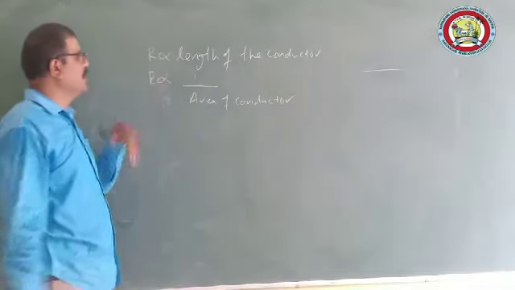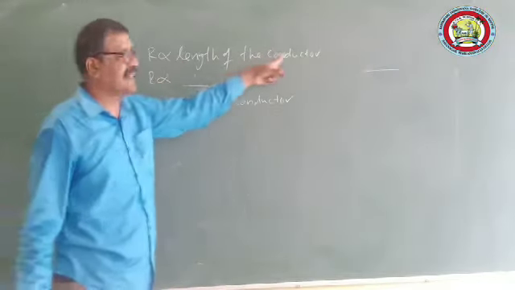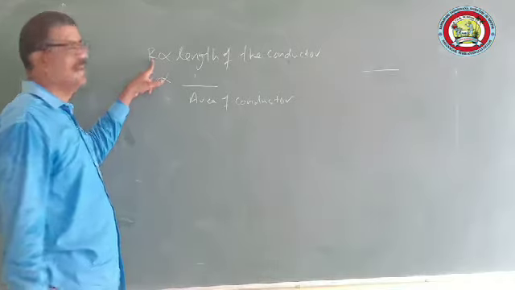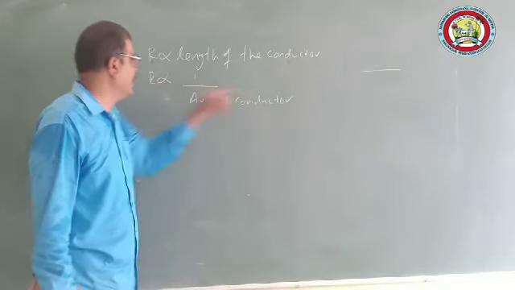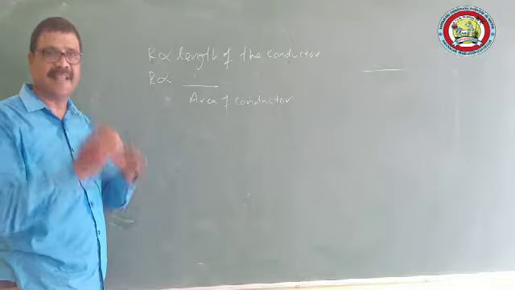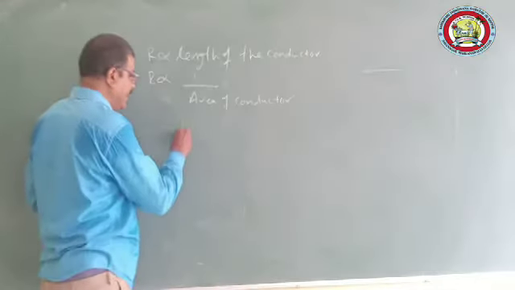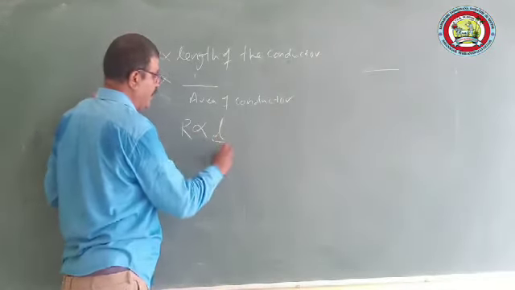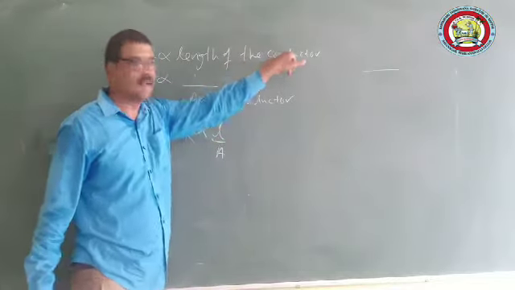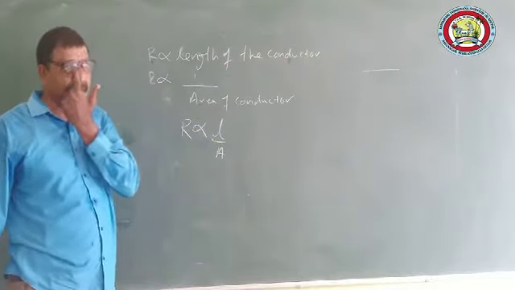So from these two things, what we understand is, if the length of the conductor increases, then resistance also increases. If the area of the conductor increases, then R decreases. Now I put it in an equation. R is directly proportional to L by A, where L represents the length of the conductor and A represents the area of the conductor.